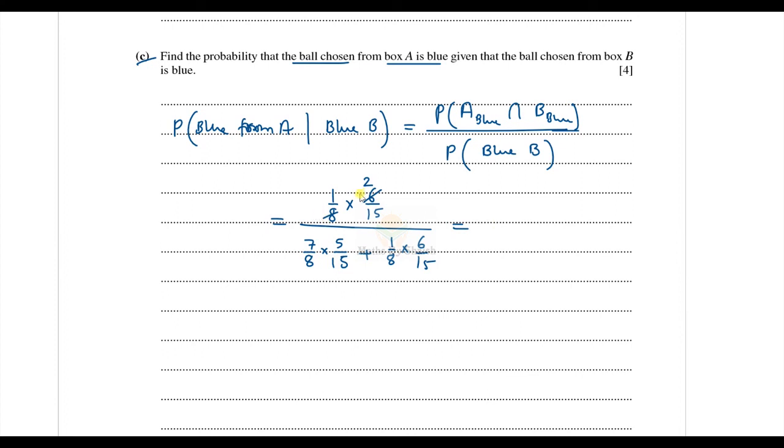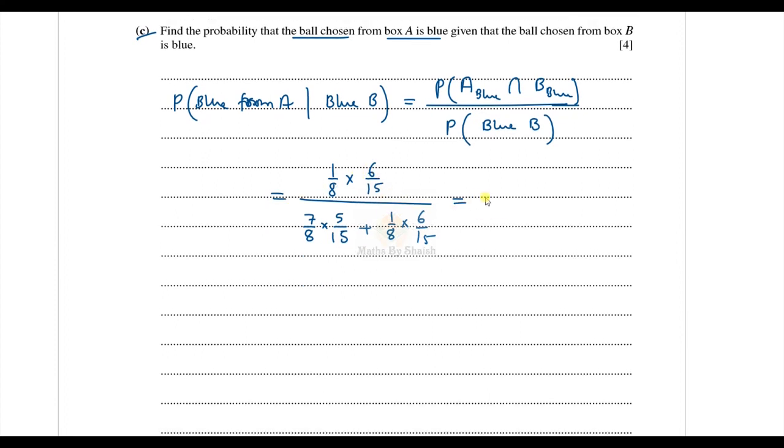We'll write the last answer as 6 over 120 upon, let's take the LCM as 120, and here it is 35 plus 6, and 120 cancels with 120, and it is 6 over 35 plus 6, which is 41. So the answer is 6 over 41.